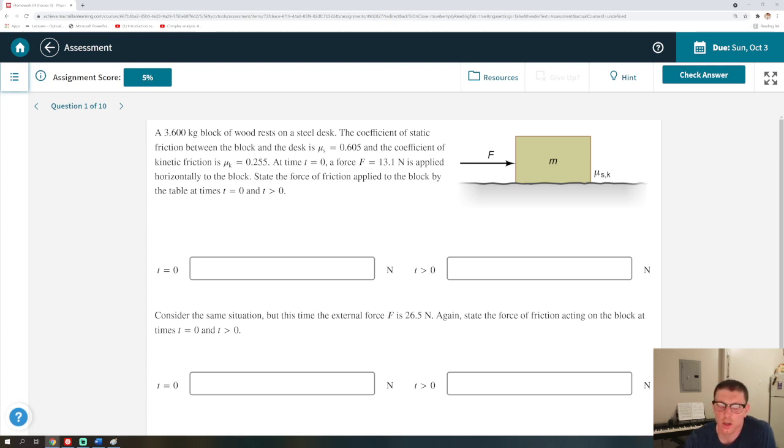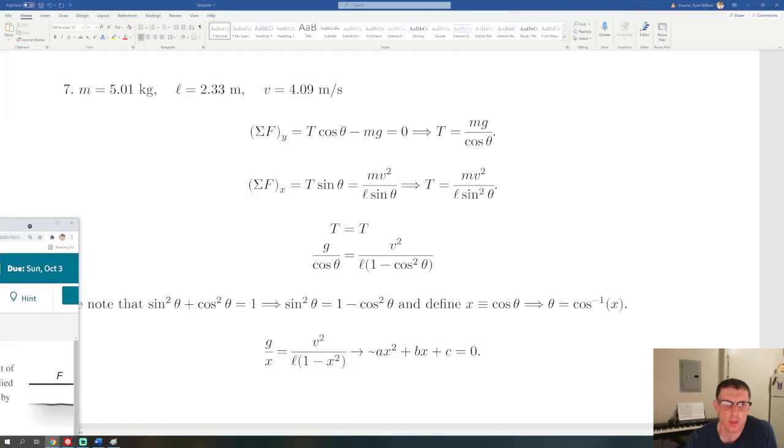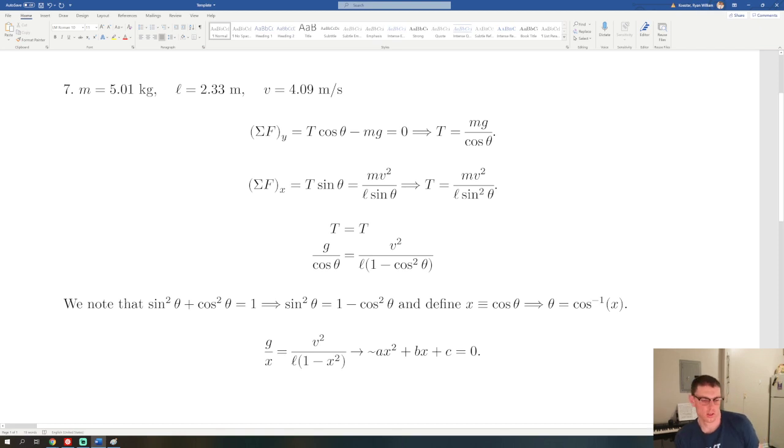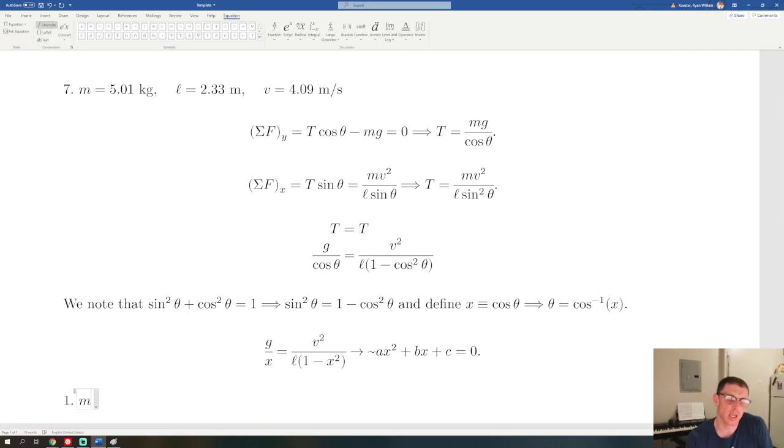Okay. I will probably just put this on my other screen because I don't think I really need to do much drawing here. So let's do this. We have the mass. In my case, it is 3.6 kilograms.